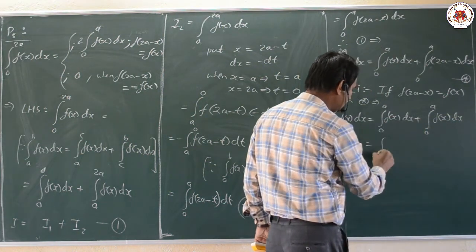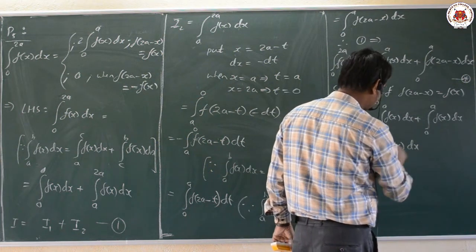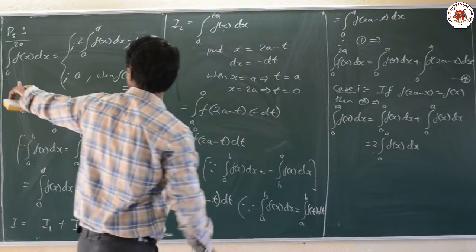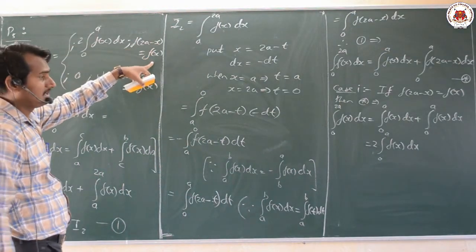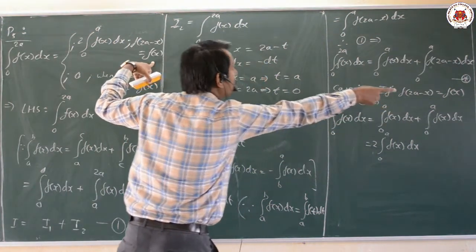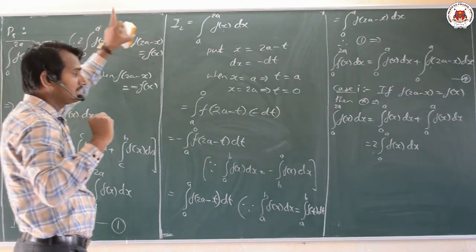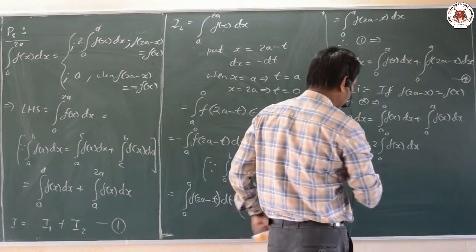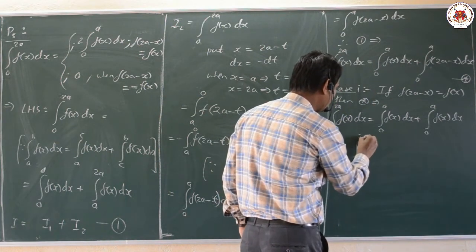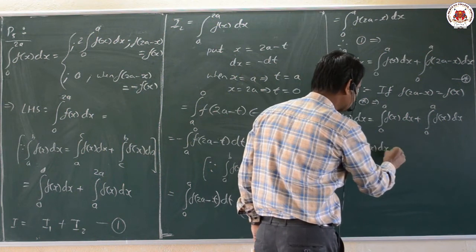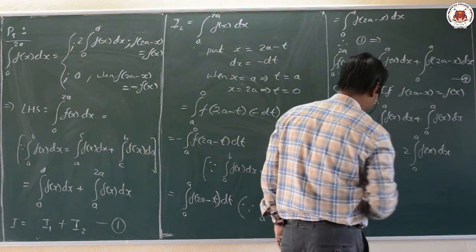The value will be integral from 0 to a 2 into f of x dx. If f of 2a minus x equals f of x, the value will be 2 into integral from 0 to a f of x. Very simple thing here. That implies, this is the first thing, integral from 0 to 2a f of x dx equals 2 into integral from 0 to a f of x dx. This is the first thing.